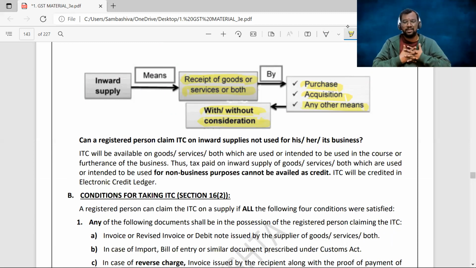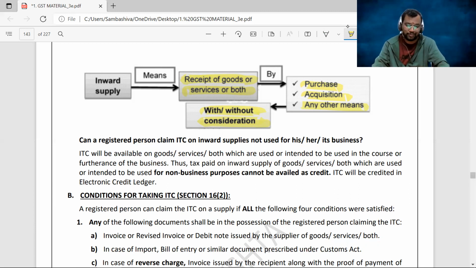That receipt may be in the form of a purchase, an acquisition or any other means, and the consideration may or may not exist. Whether the inward supply is for a consideration or not doesn't matter. Whatever goods you have purchased, services you have received, or capital goods you have acquired, all these are covered under inward supplies.